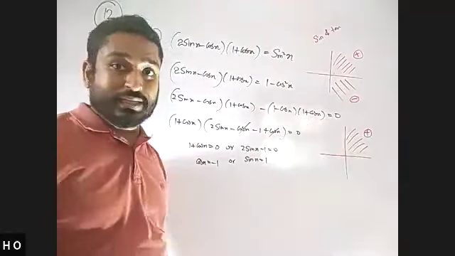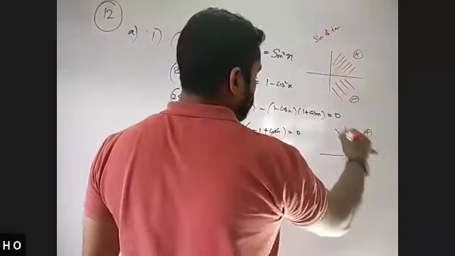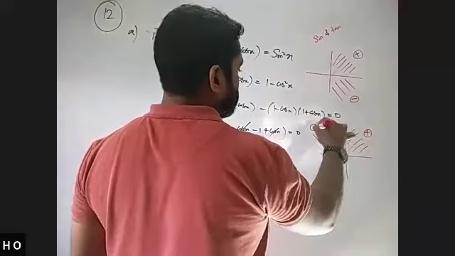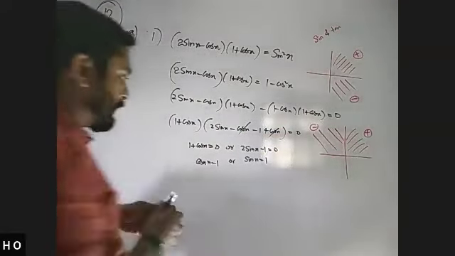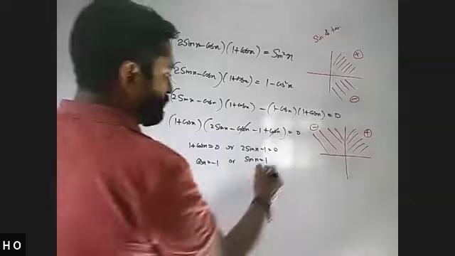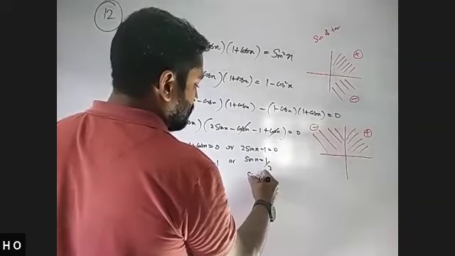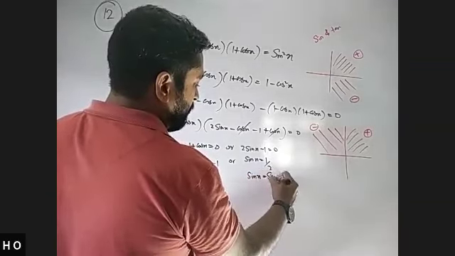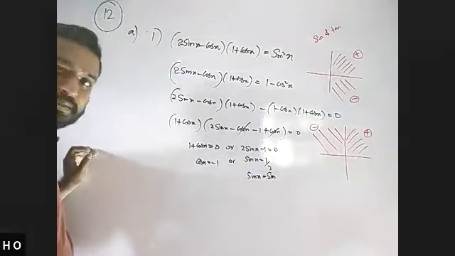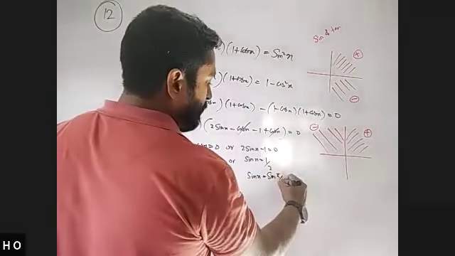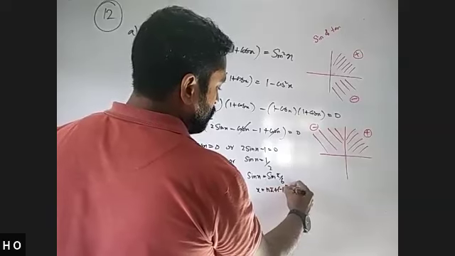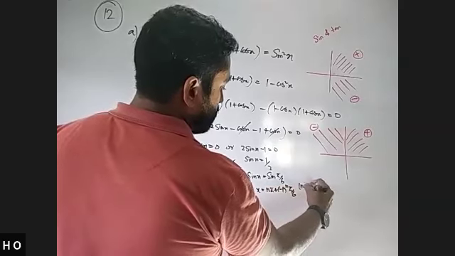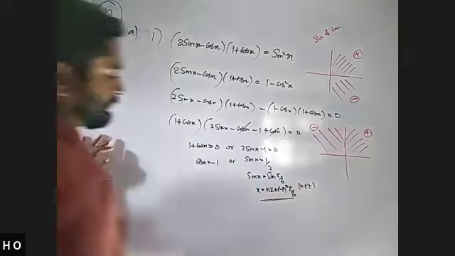For the plus, the same: first quadrant, the closest. For the minus, it is the second quadrant. So for sin x equals half, the primary solution for plus half is 30 degrees, pi by 6. So x equals n pi plus minus 1 to the power n pi by 6, n is any integer. That is it.